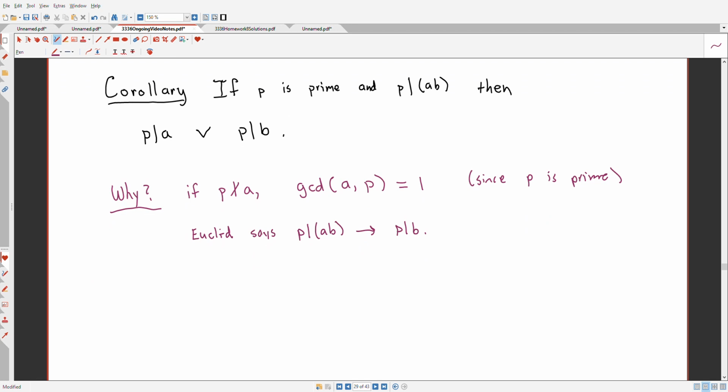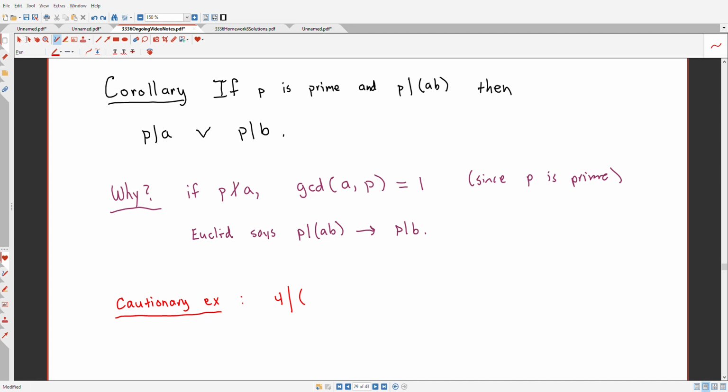Right? So we can try a non-prime number. So let's just do a cautionary example, a warning example. It is absolutely true that 4 divides the product 3 times 8. But 4 does not divide 3, and, oh, sorry, that was a terrible example. I'm sorry. 4 does divide 8.